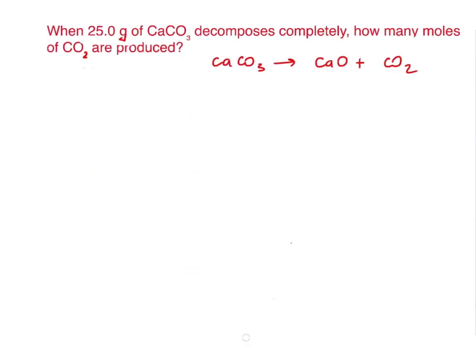Let's take a look at this first problem. It says, when 25 grams of calcium carbonate decomposes completely, how many moles of CO2, or carbon dioxide, are produced? Here, you are given 25 grams of calcium carbonate, and you need to solve for the moles of CO2.